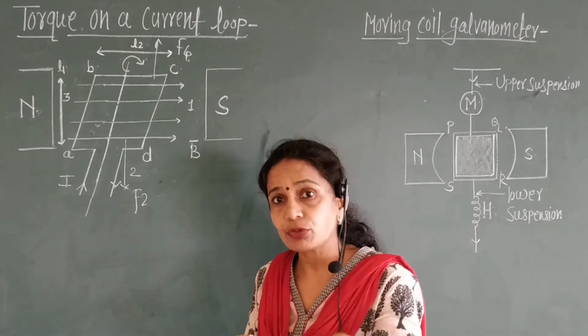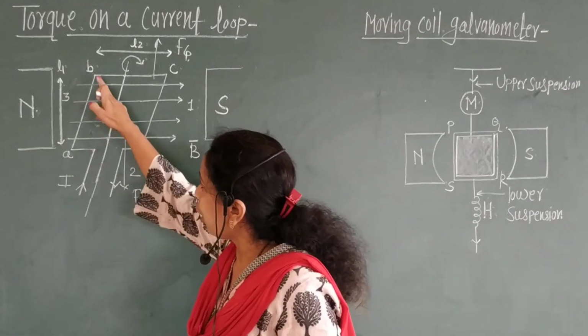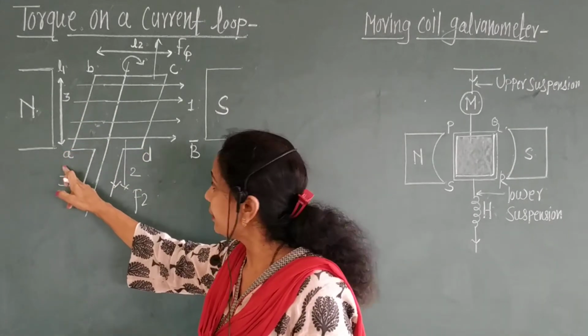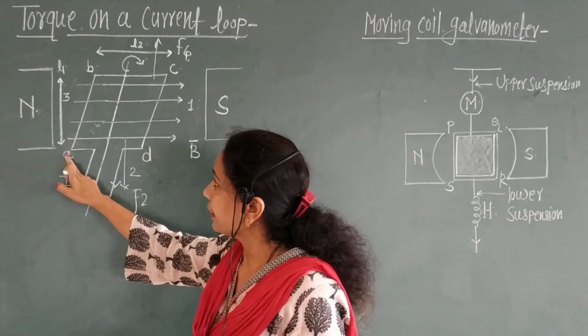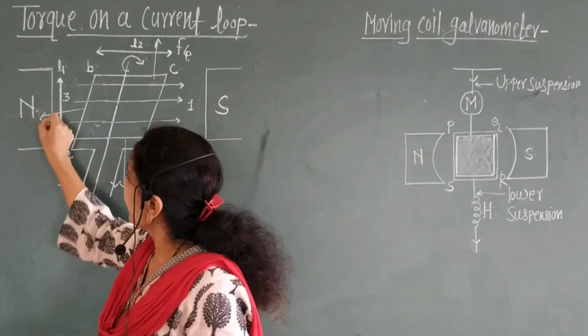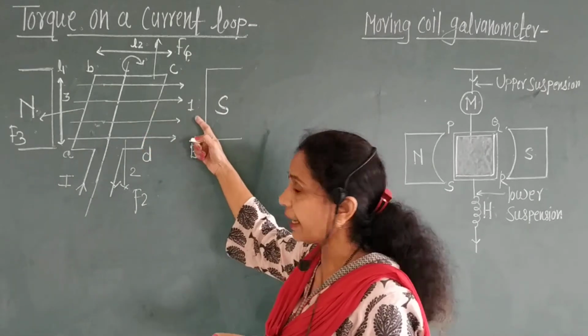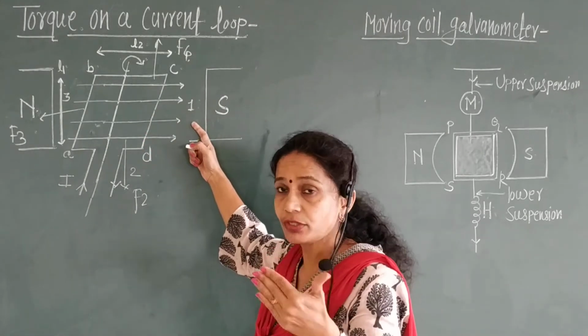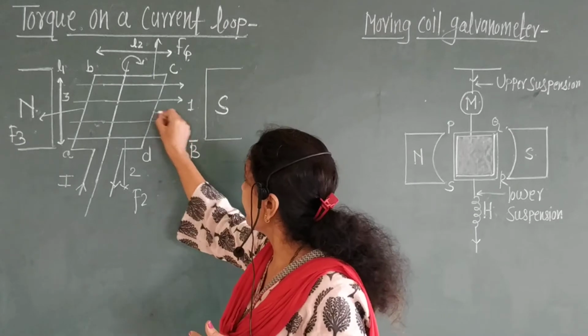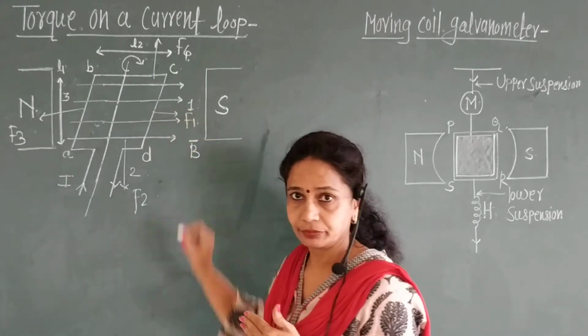Therefore, the force acting on the side AB is say F3, and the force acting on CD is F1.